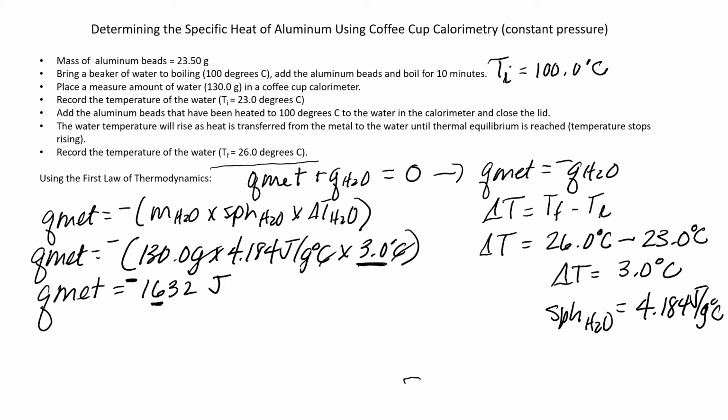Sorry, didn't put the negative sign there. So Q of the metal is negative 1,632 joules. So this is the heat that was gained by the water or the surroundings that the system gave off, okay? The metal gave off heat to the water, so it's a negative Q of the reaction or Q of the process.